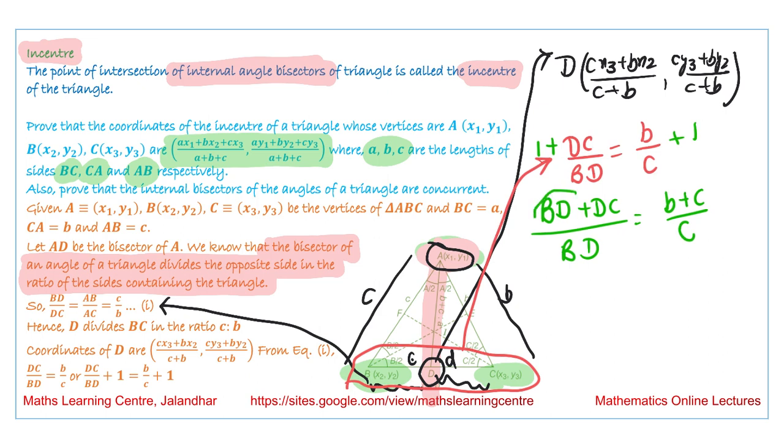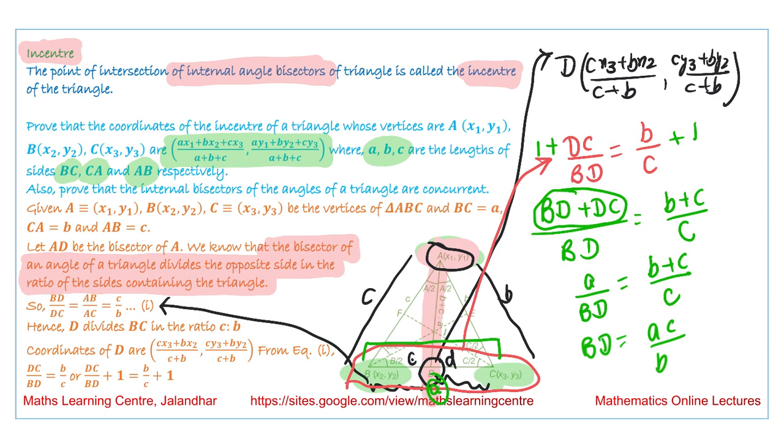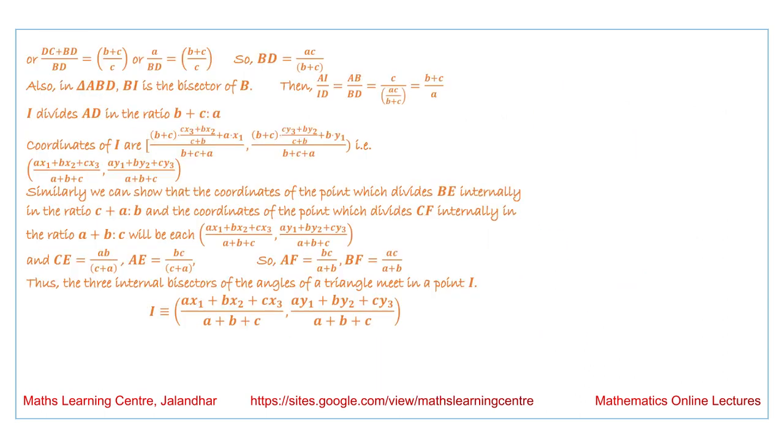Now BD plus DC is the length BC, and this whole length is equal to a. So we obtain a by BD equals (b + c) by c. So the value of BD is equal to ac over (b + c).